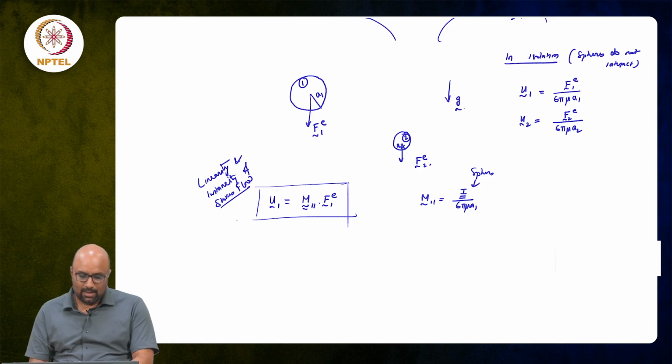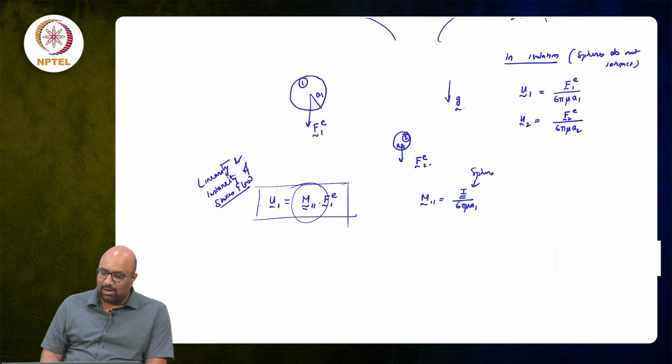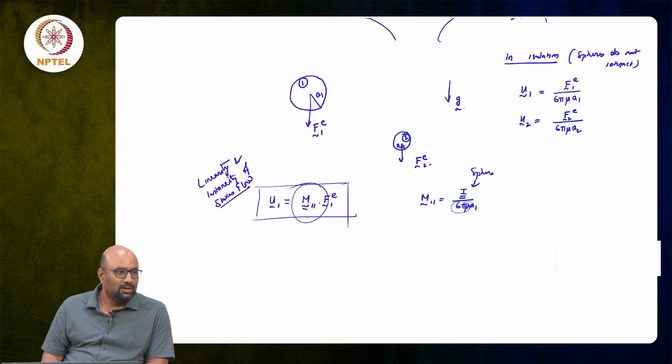Okay. But this object, if you take out the mu factor, is purely a function of geometry, the size and the shape. For a sphere, it takes an isotropic form, but if it is something non-spherical, it will take a more complicated form.